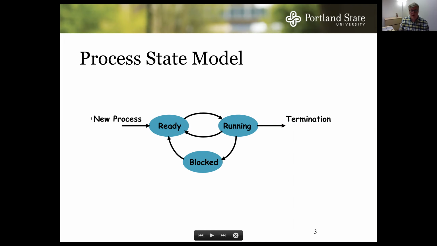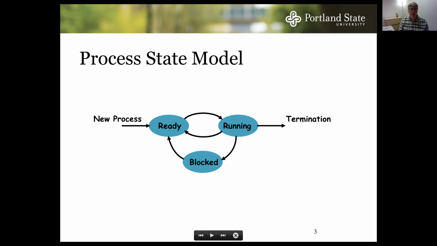Of course, a process needs to come into the world from someplace. Typically a new process will come in as ready. And then typically a process terminates while it's running. It can terminate while it's ready or blocked as well, because a process might be terminated at any time.